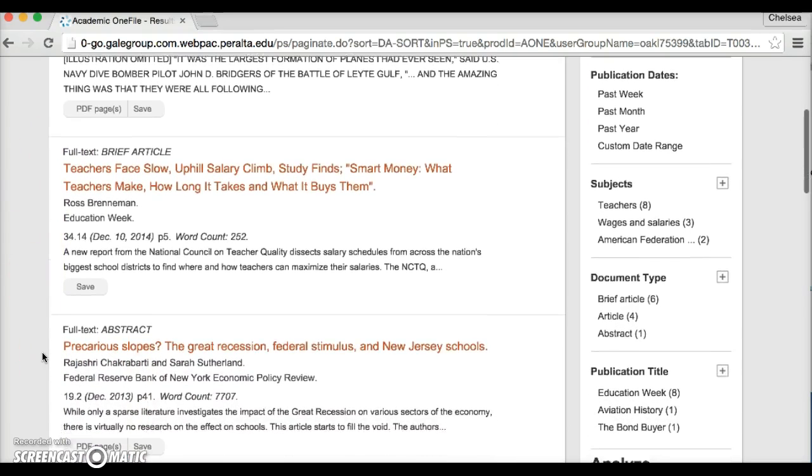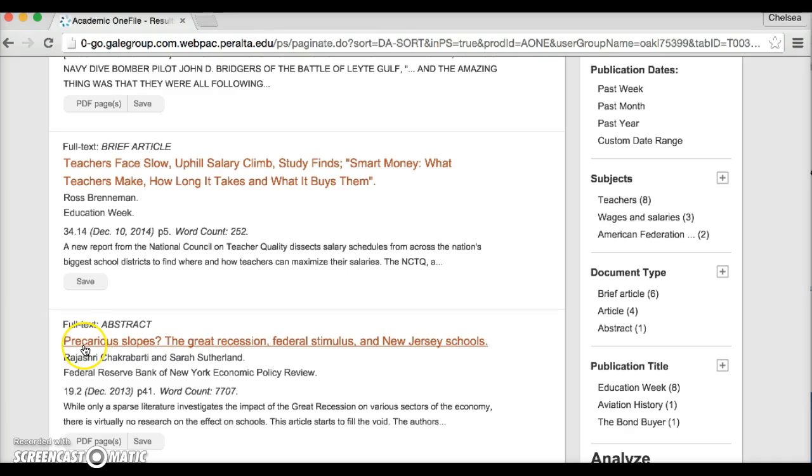Everything that you find in these library databases is okay to use for your paper because they have been vetted. That means these articles have been reviewed by scholars and that they are okay and valid for a research paper. So I'm going to look at this one here. It's from 2014, so it's pretty current.